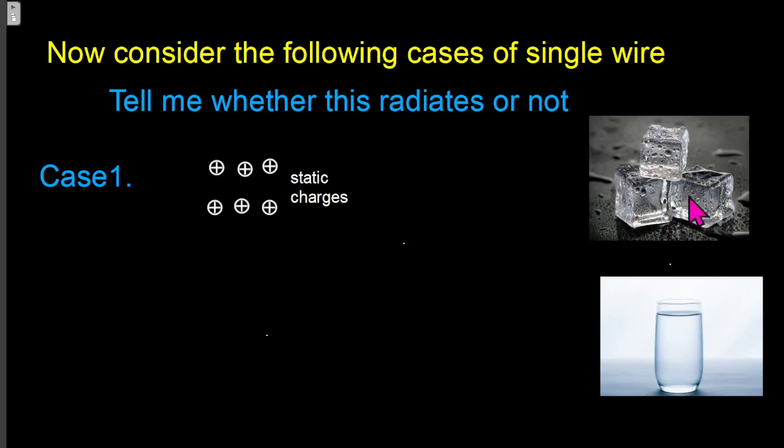Okay, so here you have icebergs or ice cubes, or water being stagnated or stored inside a container. Then there is no flow at all, no flow of water. No flow of water is equated to no flow of current. So there is no current, and definitely there is no radiation at all, no loss at all, no leakage at all. Okay, no radiation.